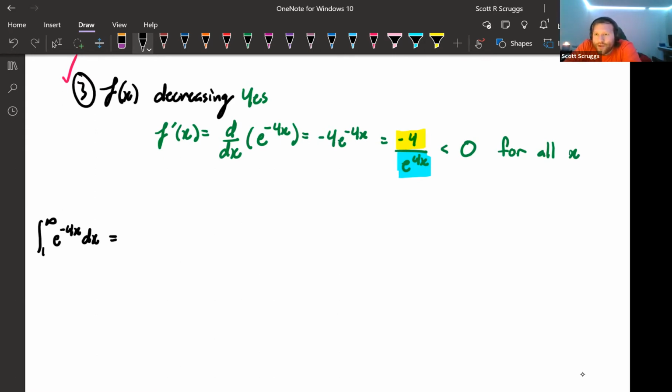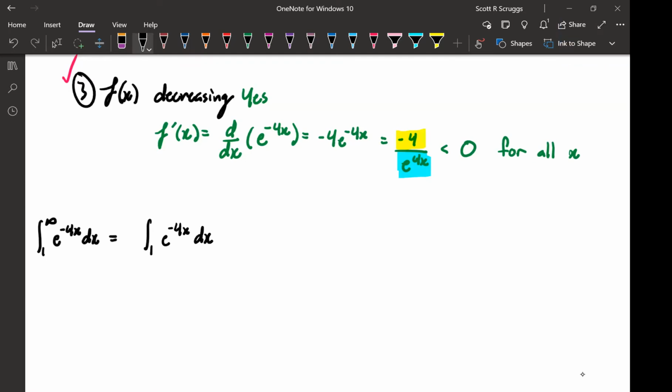Recap from improper integrals. Very first step, what do I need to do before I even begin evaluating? Make it a limit. Okay. Take a limit of what? A going to infinity. Bingo.